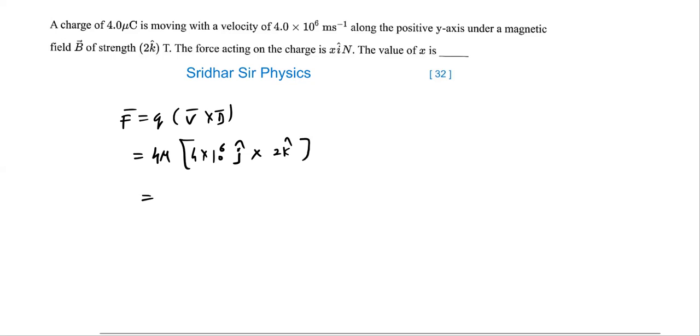We have to calculate the magnitude. j cross k will be i, 4 micro, 8 into 10 to the power of 6 i cap.